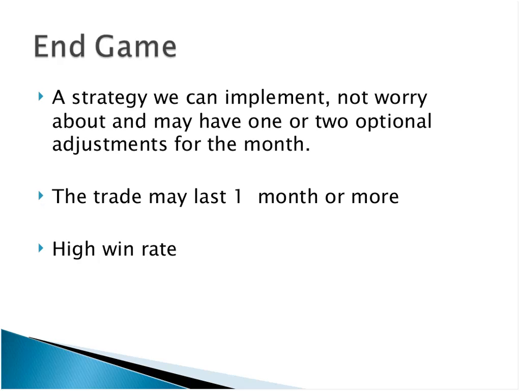The adjustments that I'll show here are really optional, so you don't have to do them. Some people will do them, and if the markets go a little crazy, you may want to, but you don't have to. This is a strategy that you can put on and sort of forget about until the end of the month or until expiration.